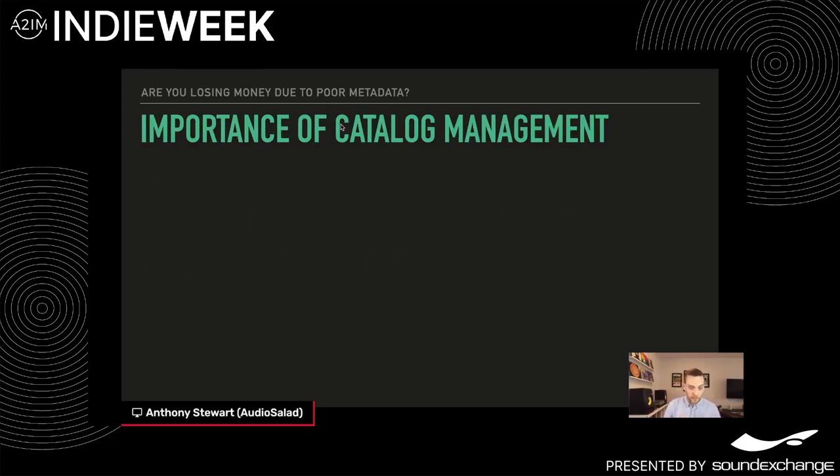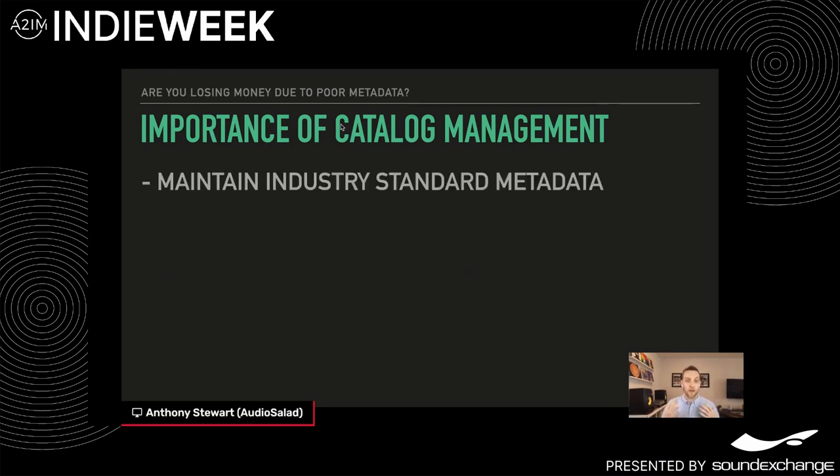So really the key thing to keep all this in check is having catalog management internally. Catalog management is so important: have an internally managed copy in up-to-date industry standards. You want to ensure that you're auditing your metadata on a regular basis, continually updating it and adopting new features that apply to metadata and to different DSPs.